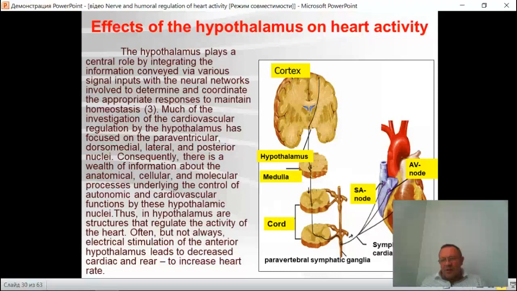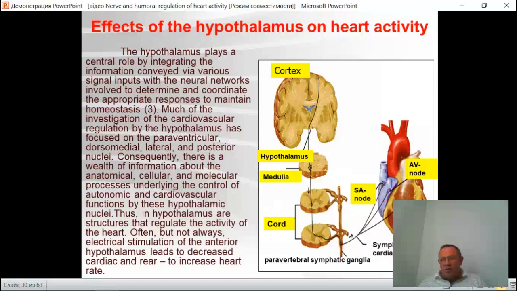Consequently, there is a wealth of information about the anatomical, cellular, and molecular processes underlying the control of autonomic and cardiovascular function by these hypothalamic nuclei. Thus, in the hypothalamus are structures that regulate the activity of the heart.